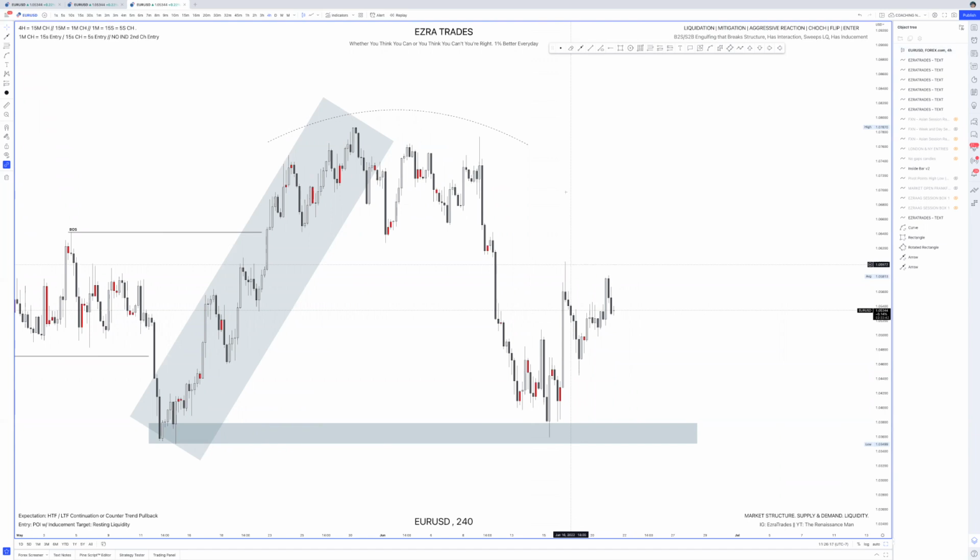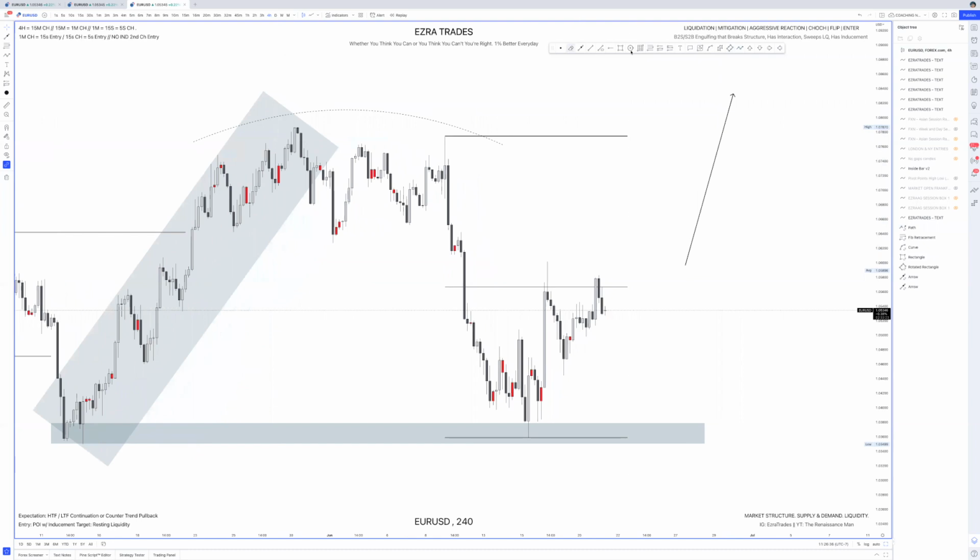But the idea behind what I'm trying to get at is, for example, if we look at pricing from this high to this low, right? And we know that this high is technically weak on the daily time frame. The daily time frame is showing potential to take out these highs, right? The 4 hour time frame has confirmed bullish intentions.